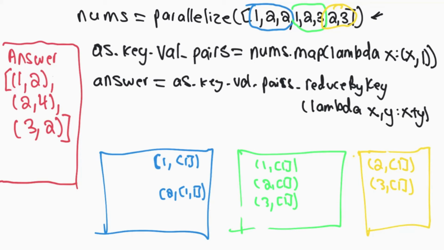Okay, so it does all of that grouping operation. And now that we grouped it, we gave it this function that reduces by key. We said x, y, and we do x plus y. So what that's referring to is, if we look at this example, it's actually going to transform this into a key value pair of 2, and then the summation of the elements of the values here.